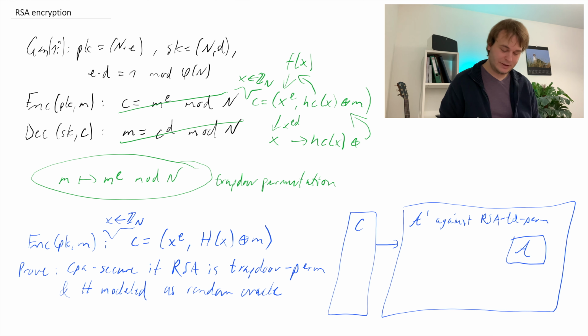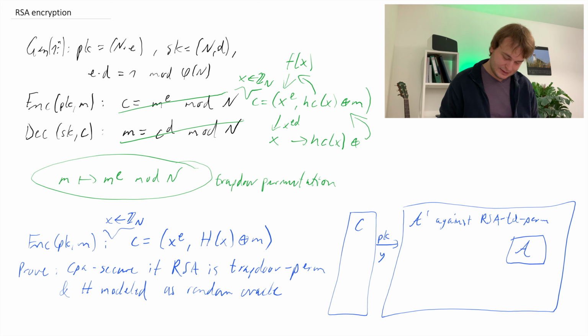So what's happening? From our challenger, the trapdoor permutation challenger, it will give us parameters for the trapdoor, which I'll call pk here for simplicity, and it will give us some y. And our goal is to invert y.